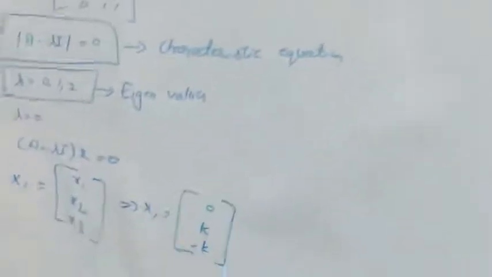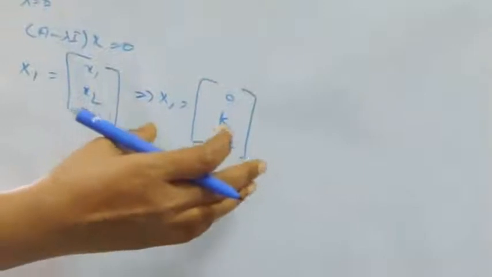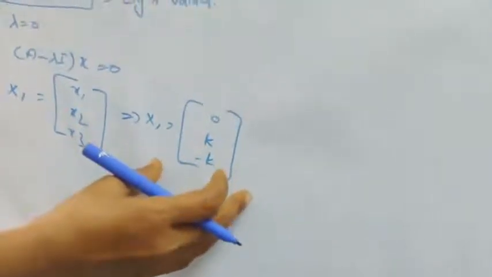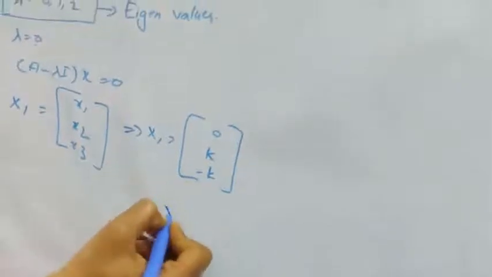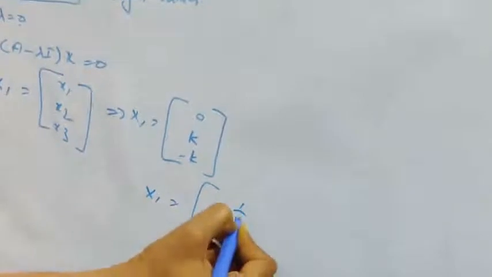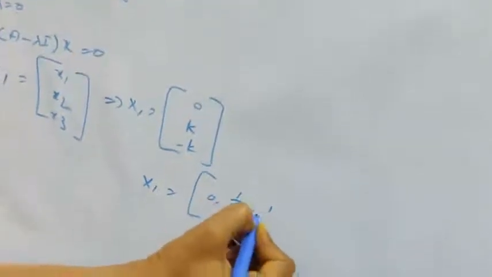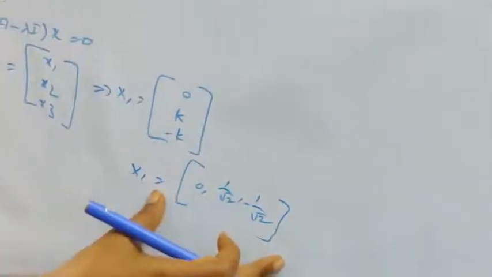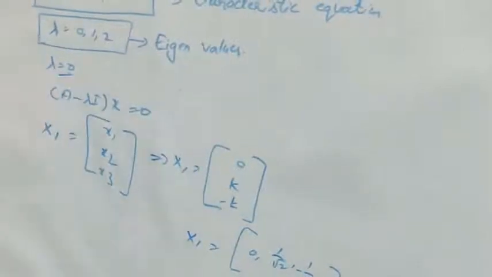Then we apply the normalization condition to this expression, and finally we got x1 is equal to 0, 1 by root 2, and minus 1 by root 2. So these are the eigenvectors for the eigenvalue lambda is equal to 0.